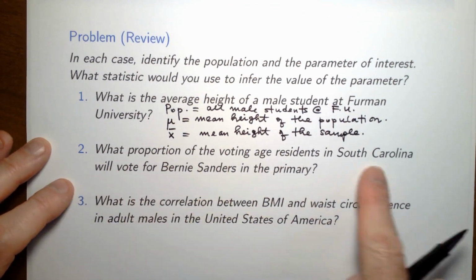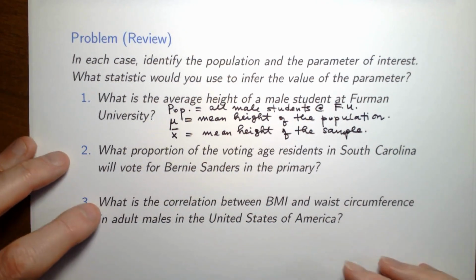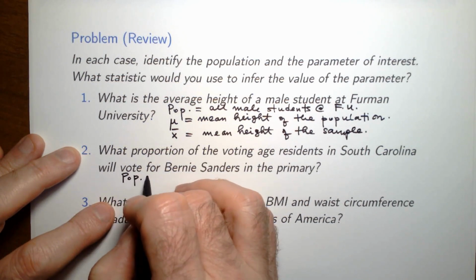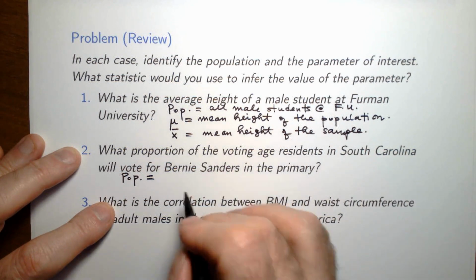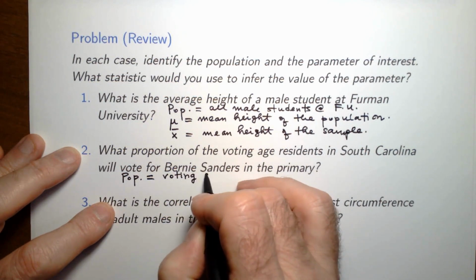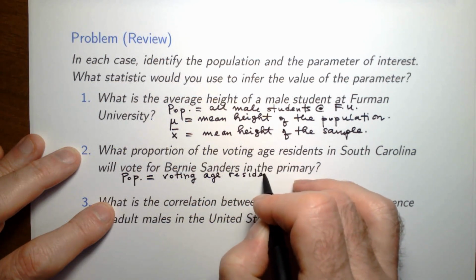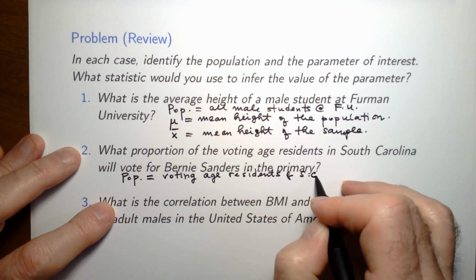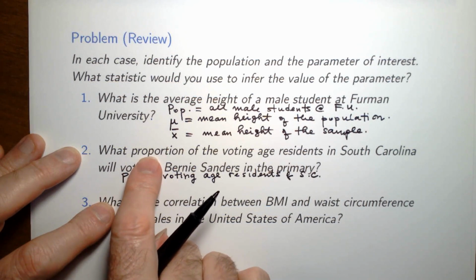All right, what proportion of the voting age residents in South Carolina will vote for Bernie Sanders in the primary? So we're thinking of the population as voting age residents in South Carolina. The parameter of interest to us in this case is the proportion.